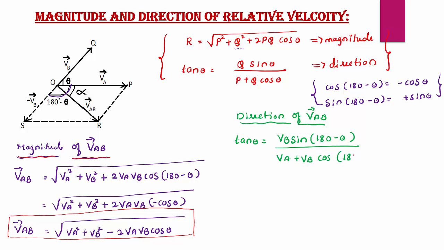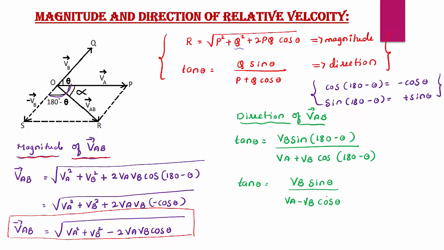Theta is what here? 180 minus theta, because the angle between vector VA and minus vector VB we have to consider. Then tan theta is equal to VB sin of 180 minus theta, which is plus sin theta. So directly I can write sin theta divided by VA plus VB cos of 180 minus theta, which is minus cos theta. So we can write here minus VB cos theta.